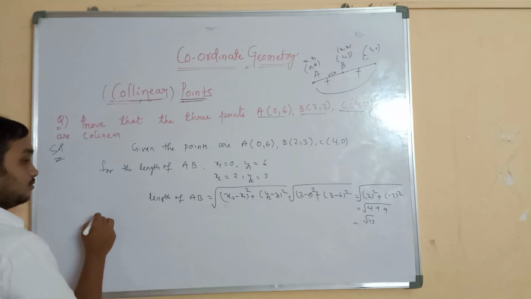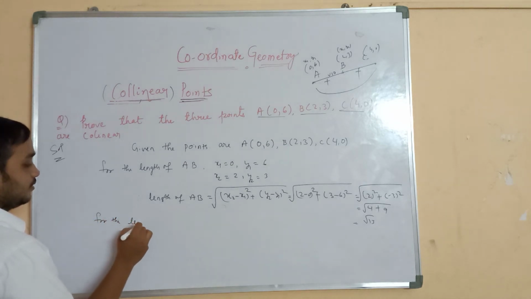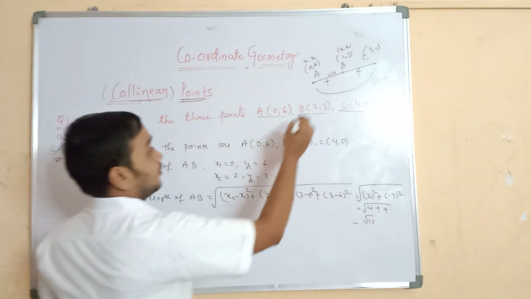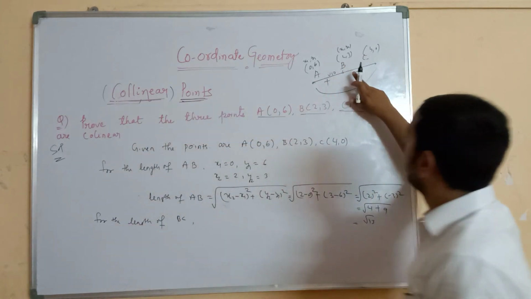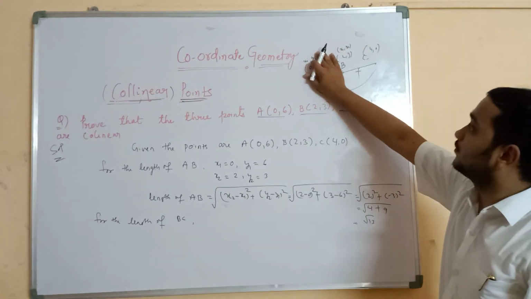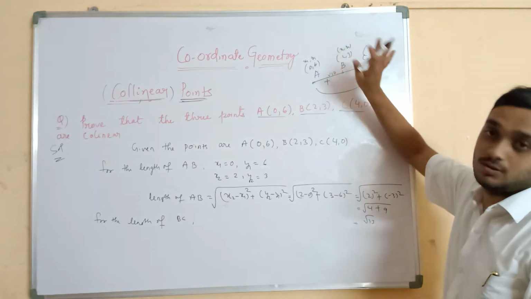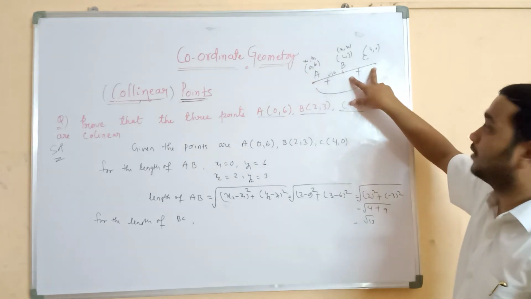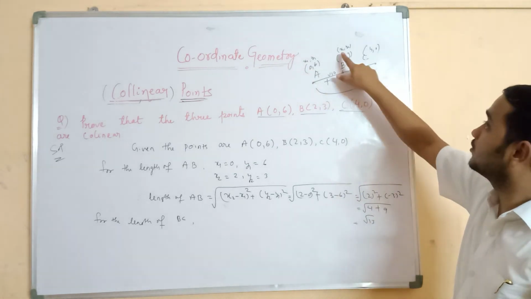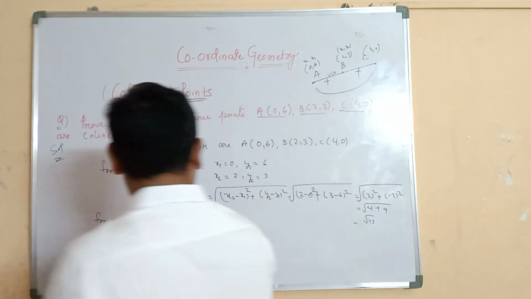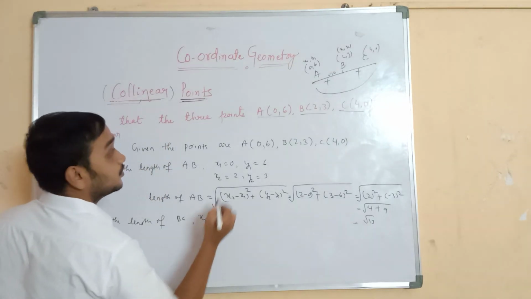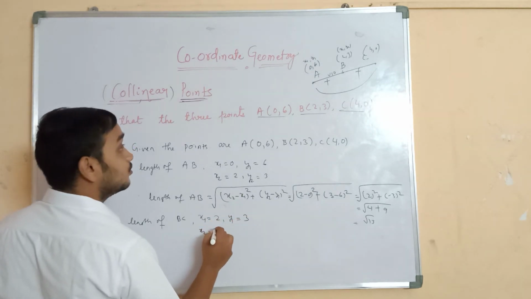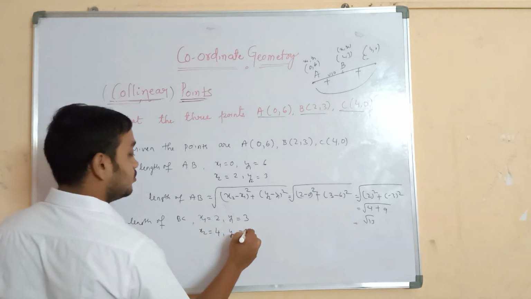Now for the length of BC. For BC, this will be x1 y1, x2 y2: x1 is 2, y1 is 3, x2 is 4, y2 is 0.